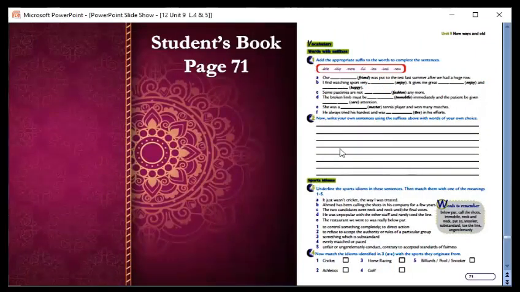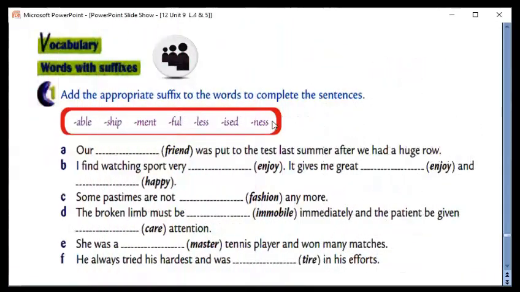1, 2, and 3, these exercises, dear students. Think carefully about them. Add the appropriate suffix. We have able, ship, ment, ful, less, ised, and ness. Let's have a look at this exercise and these words, and we would like to use the appropriate suffix. Let's see here.